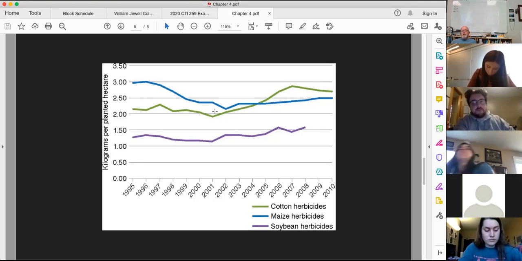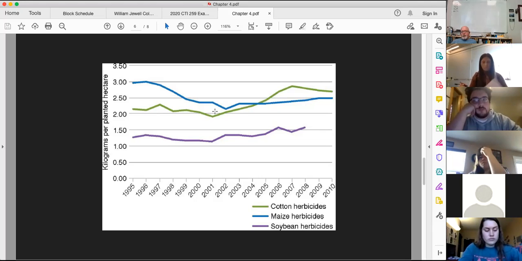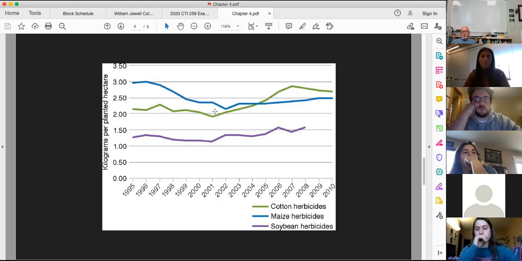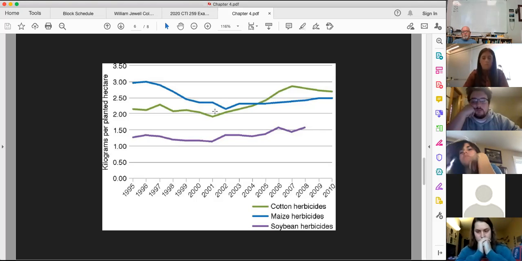So what would you expect to happen with herbicide application after the introduction of herbicide resistant crops? I would expect it to grow pretty good if there's no weeds that are growing.